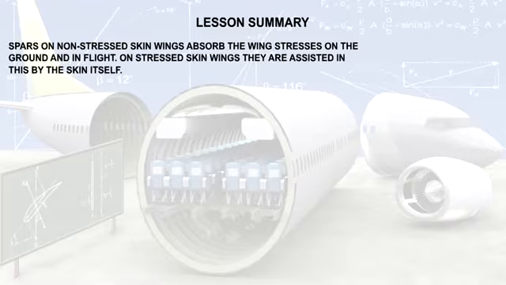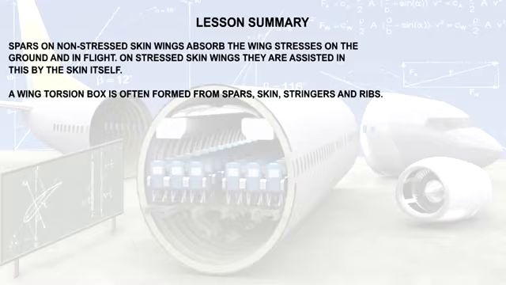Spars on non-stressed skin wings absorb the downward bending stresses when on the ground, and the upwards, rearwards, and twisting stresses when in flight. On stressed skin wings, they are assisted in this by the skin itself.